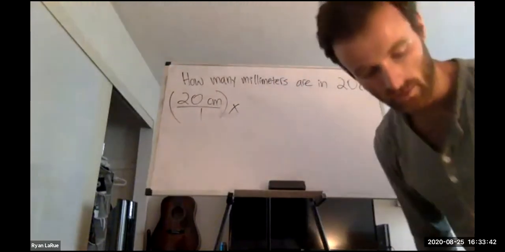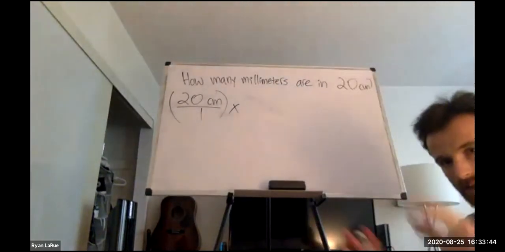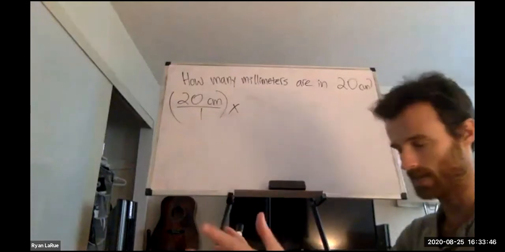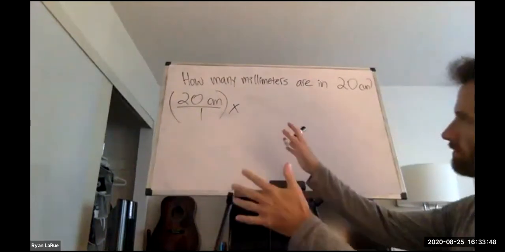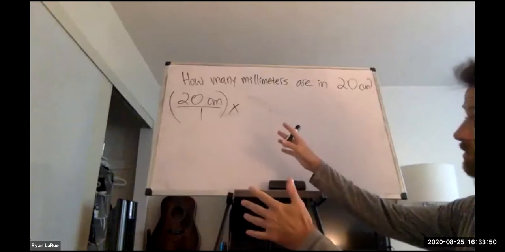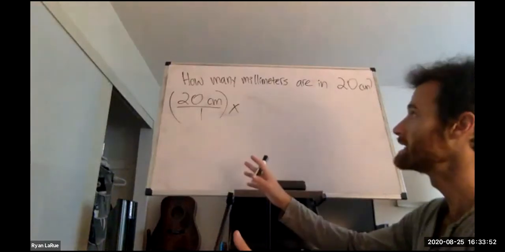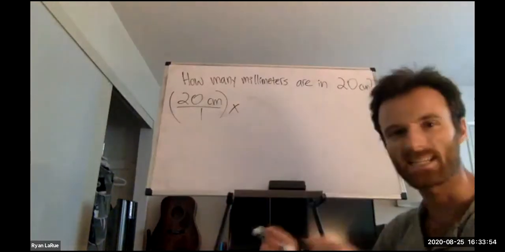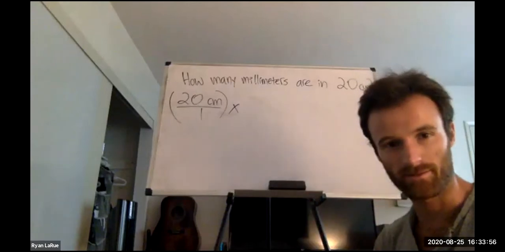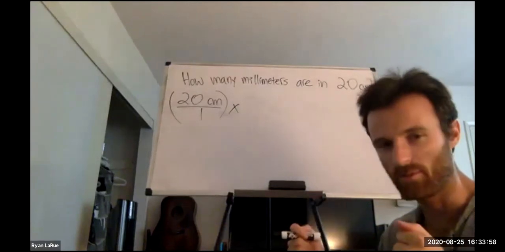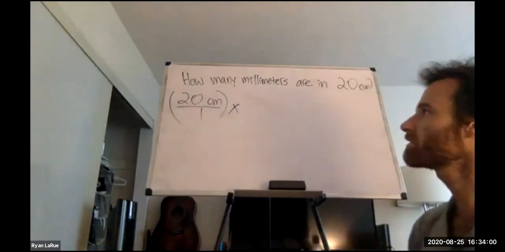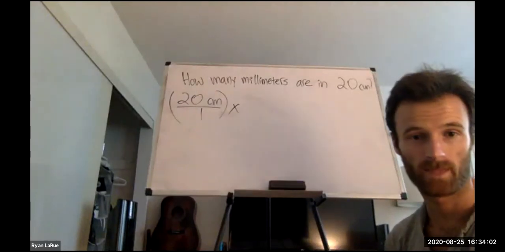Now, this is what I do every time. After I put what I know over 1, I say, I want to get to my base unit. I say it with passion. I want to get to my base unit.